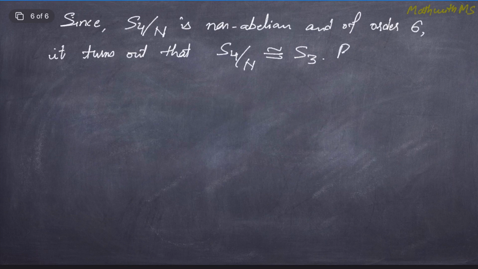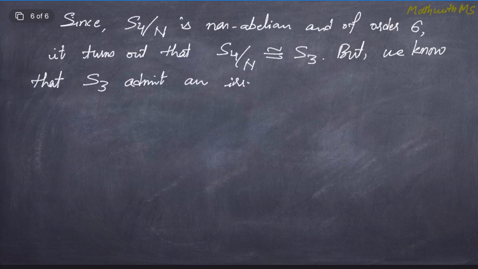But we know that S3 admits an irreducible representation of degree 2. S3 admits an irreducible representation, let us call it say psi, from S3 to GL 2 C of degree 2.